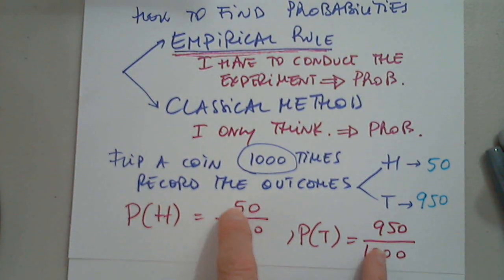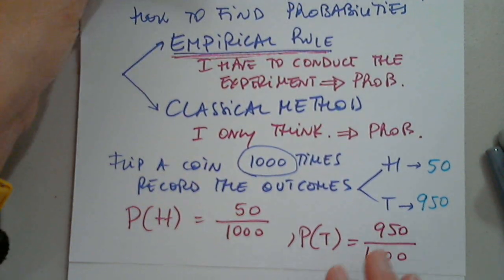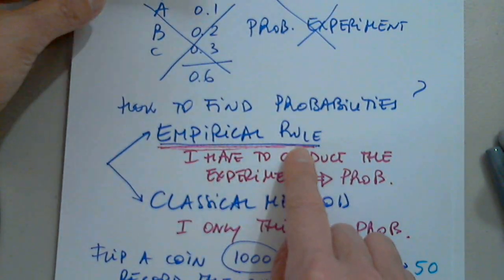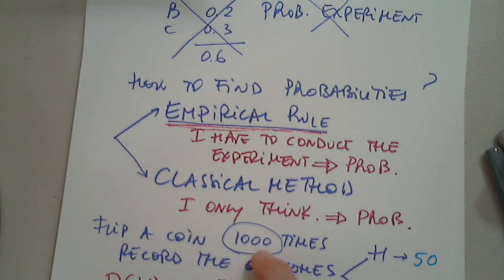Do the two probabilities add up to 1? 50 plus 950 is 1,000. 1,000 divided by 1,000 is 1 or not? Yeah. Perfect. So this is our empirical rule. But I have to sit here and flip the coin 1,000 times.